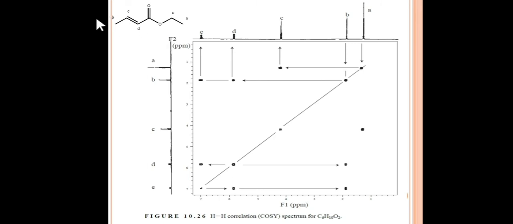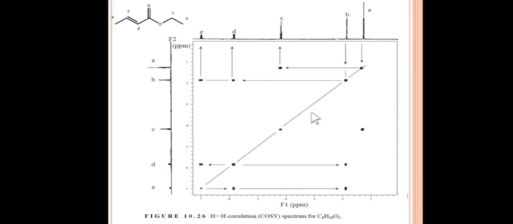C is over here, and D and E are the olefin protons. So we have A, B, C, D, E on the horizontal line, and we have peaks for them, like 1, 2, 3, 4, 5, 6 and 7. And for A, B, C, D, E, we have 1, 2, 3, 4, 5 like over here.